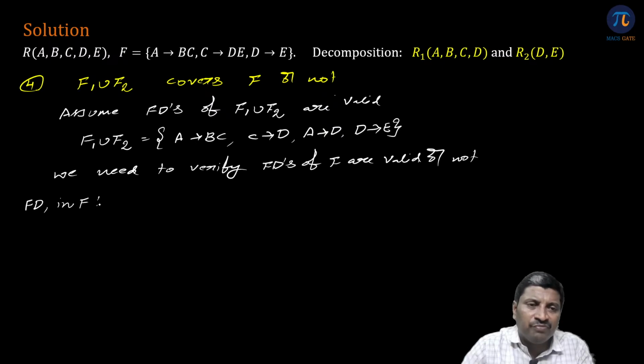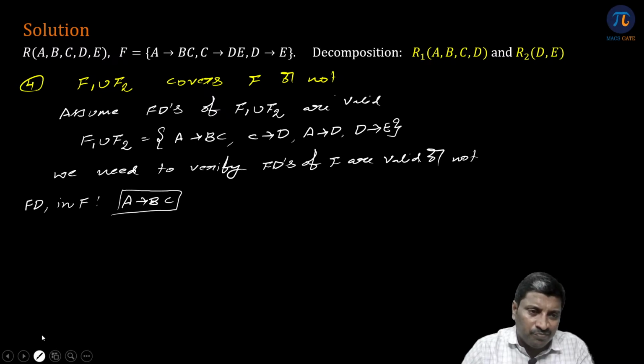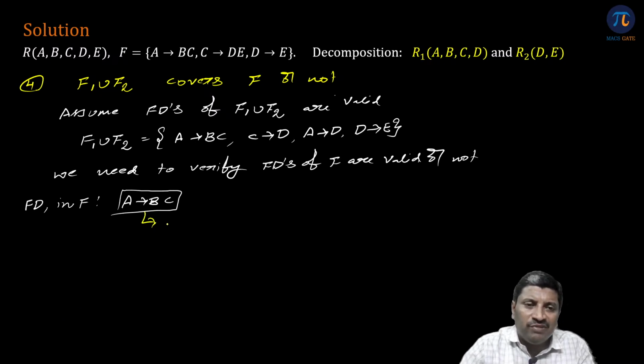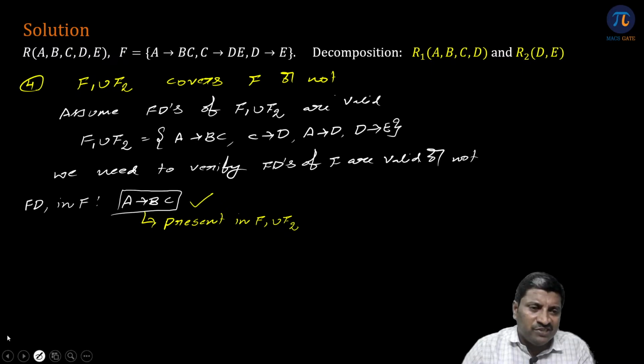FD1 in F. What is FD1? A implies BC. Please observe it. This is directly present in union. So no need to verify whether it was implied or not because it is already present. That means it is valid. What is the second FD, sir?